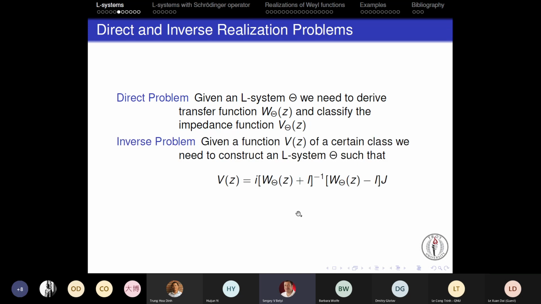And of course, there is an inverse problem where you are given a function of a certain function class, and we need to construct an L system such that this function serves as an impedance function of the system. So basically, you're building a model of a system that has impedance equal to the function you're starting with.